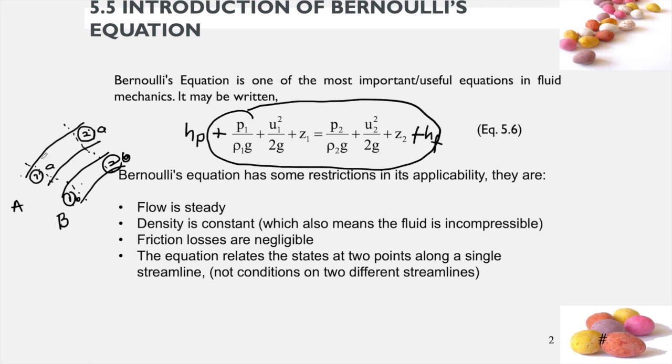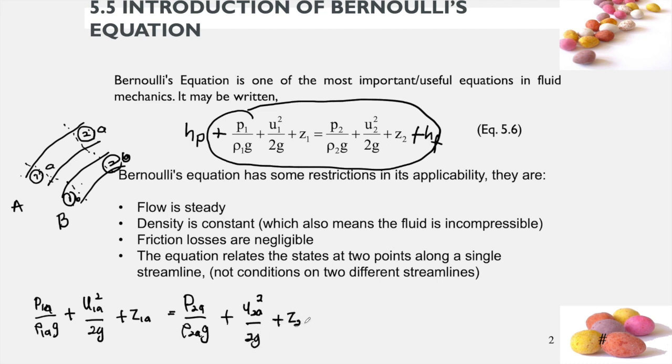If you are applying Bernoulli's equation for pipe A, your equation will become P1A over rho 1A g plus U1A squared over 2g plus Z1A equals P2A over rho 2A g plus U2A squared over 2g plus Z2A.